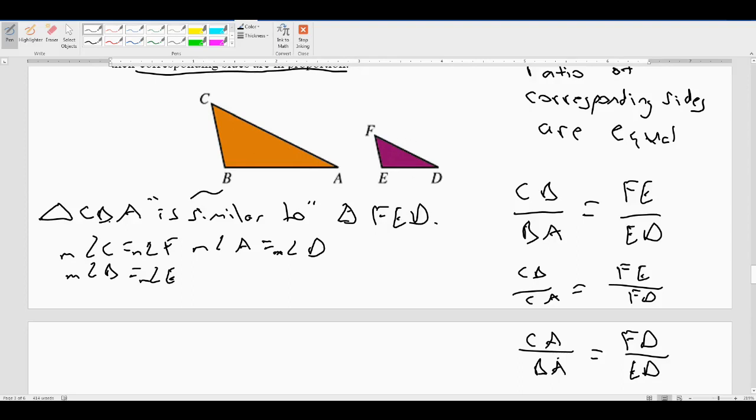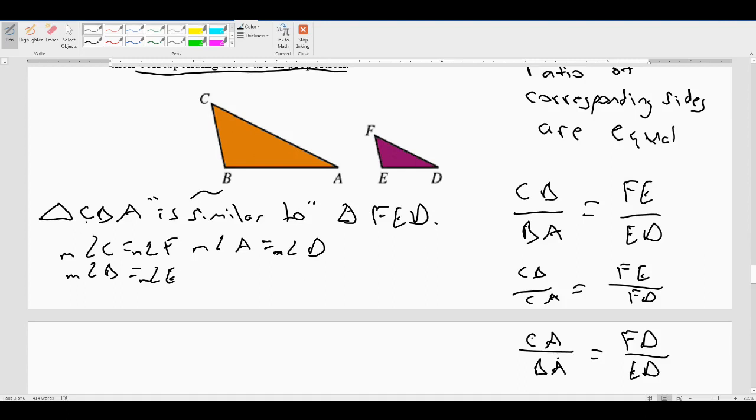I could also use these: CB, BA, FE, ED. Or I can do CA, BA, which is that one, FD, ED.